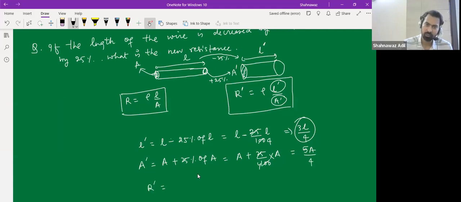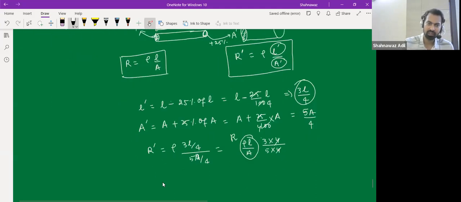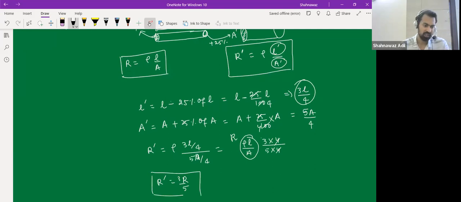This would be rho and L prime is 3L by 4 divided by A prime is 5A by 4. So this is rho L by A and this is 3 into 4 divided by 5 into 4, cancel, and this is R. So our new resistance is how much? This is R and this is 3 by 5. This is our resistance. Any doubt in this question?